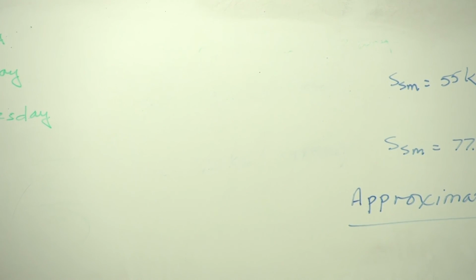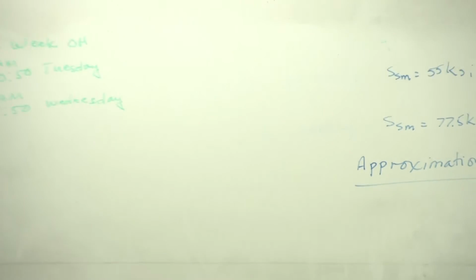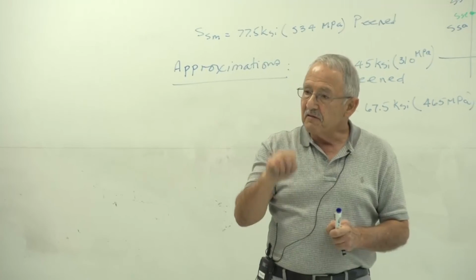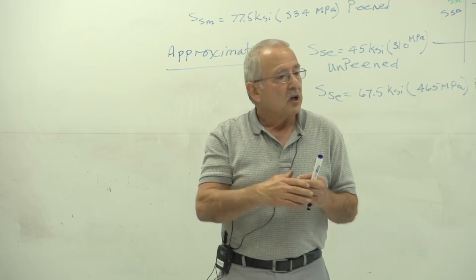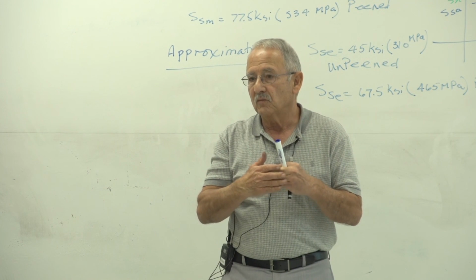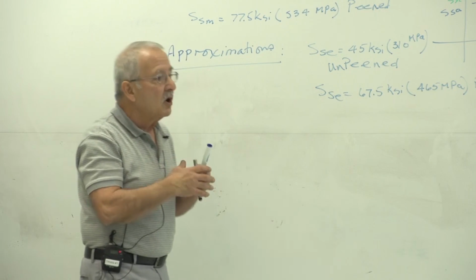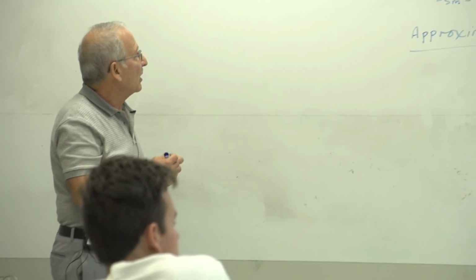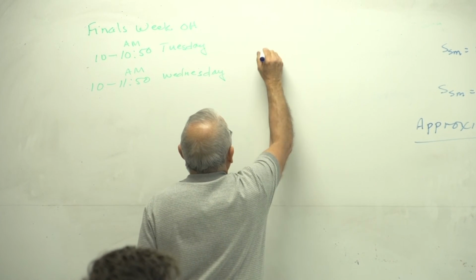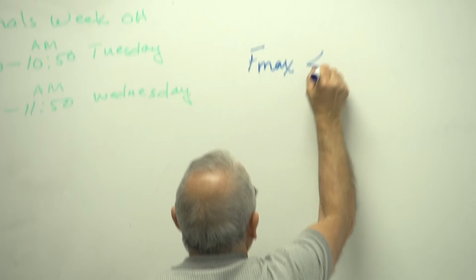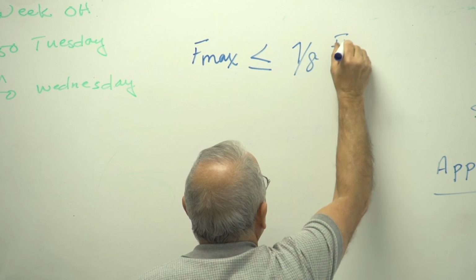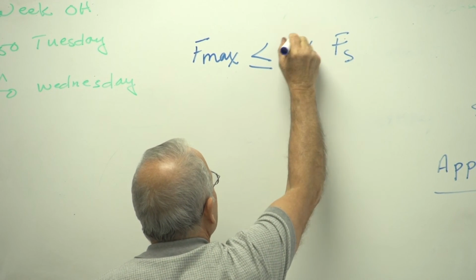When we are designing springs, we would like to make sure that the maximum load on the spring never exceeds the load that will take the spring to the solid height, the solid force. Never exceeds the solid by some factor. Your book chooses a factor approximately around 18% and says that the maximum load on the spring must be less than or equal to 7/8 of the force at solid height.